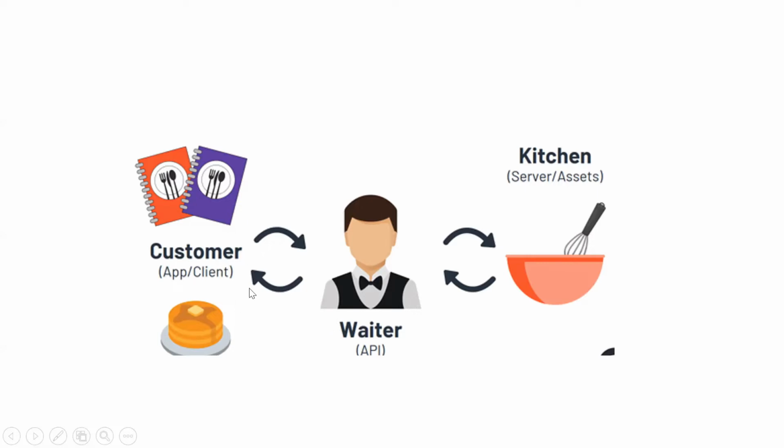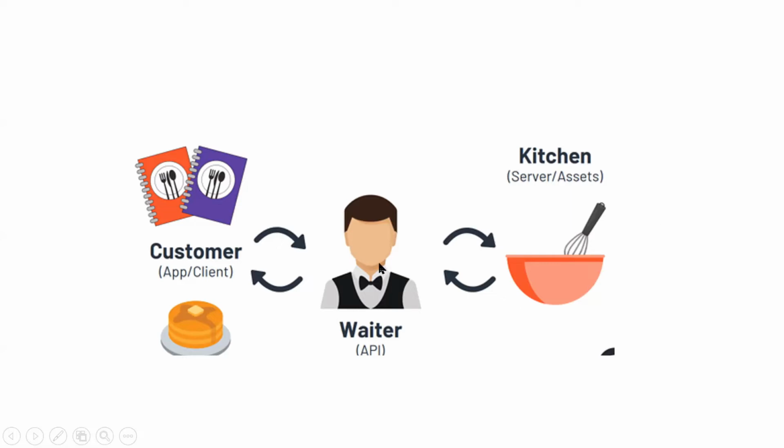So the client has requested, the API or waiter took the request and conveyed it to the kitchen, or you can say server. Now the kitchen, after making the dish you ordered, will give it back to the waiter and the waiter will supply it back to the customer. So this waiter, the intermediate between you and the kitchen, is called API in layman language.